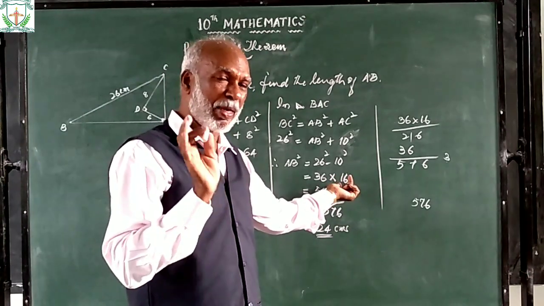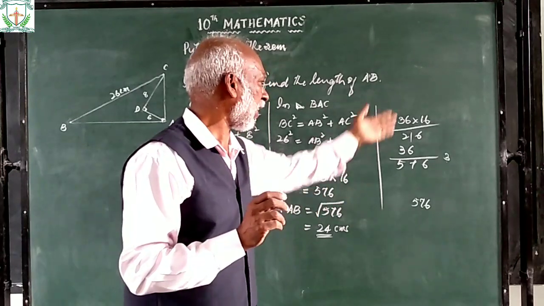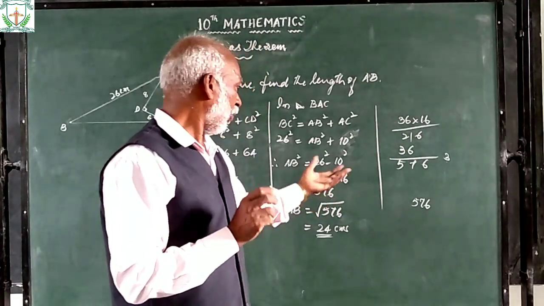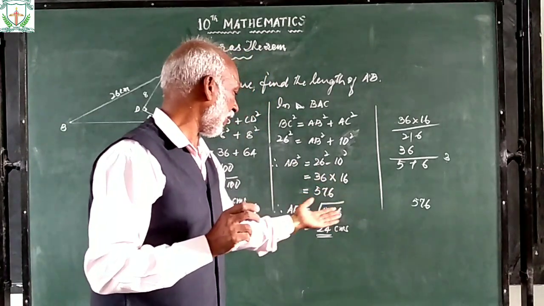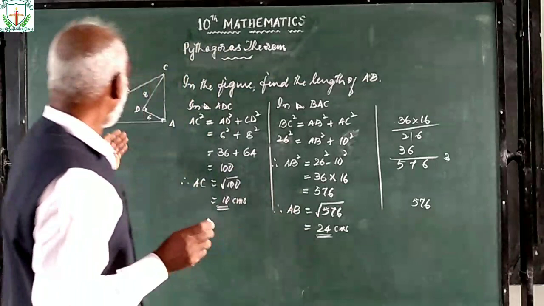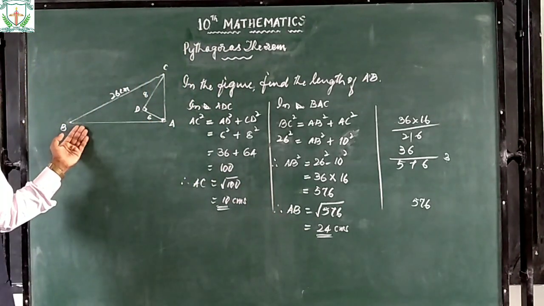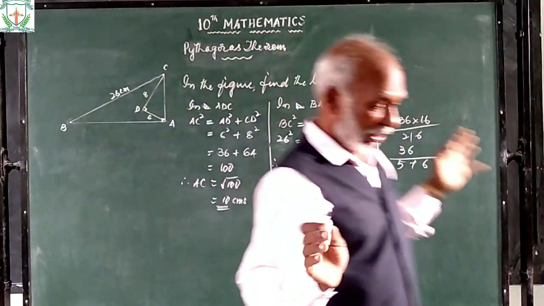So in order to make it easy, this multiplication is very familiar to you, so you won't be going wrong. So the square root of 576 is 24. So finally we found the length of the required side AB is equal to 24 centimeters.